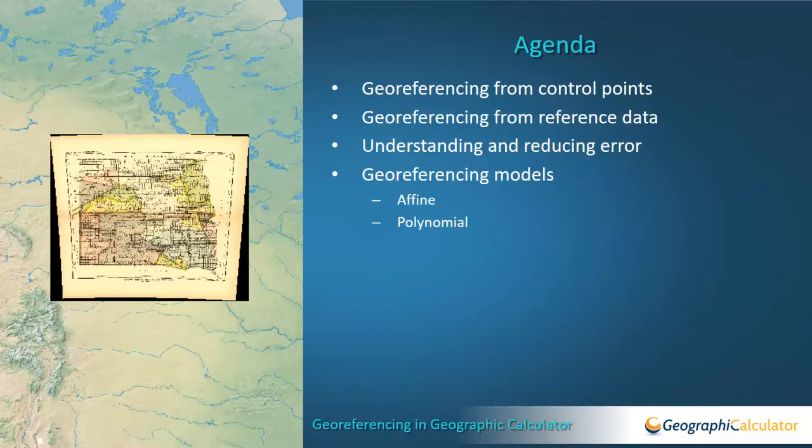In order to make it match up with other geospatial data, we need to apply some reference information to that data, and as a part of this process, typically transform that image so that the pixels actually line up with that reference system. So we're taking a map that is completely not georeferenced, and using control points and some kind of an equation, we're going to transform that into a referenced image.